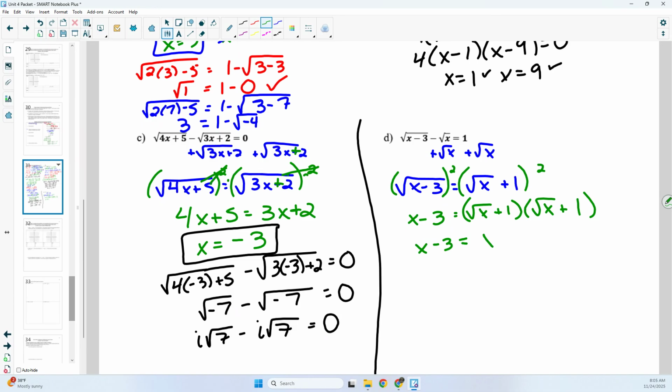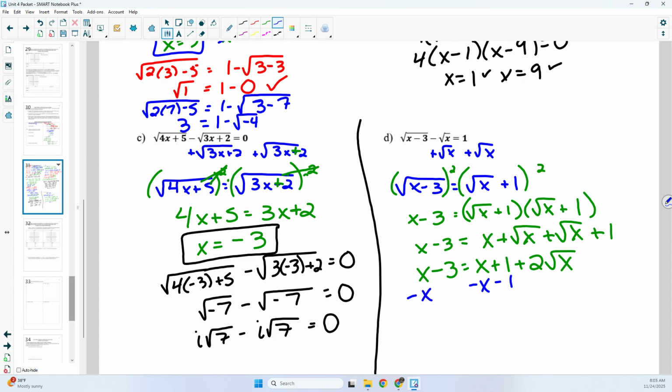So here I get an x plus square root of x plus square root of x plus 1. So x minus 3 equals x plus 1 plus 2 square roots of x. And I'm going to move over my variables. And I get negative 4 equals 2 square roots of x.